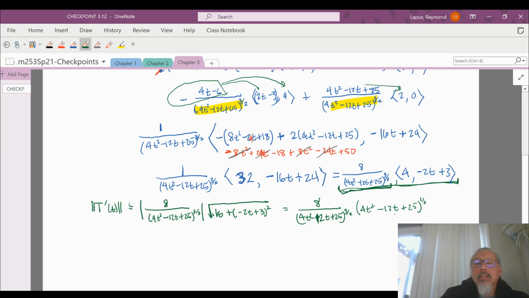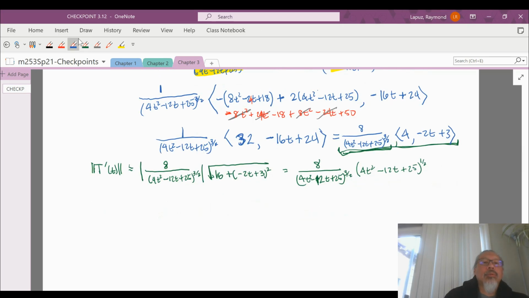And then, instead of canceling this out, I'm just going to leave it like this, because what we're going to do is write your normal vector as equal to the derivative of T divided by the magnitude of the derivative of T. If these two were in a fraction together, I can see that these would cancel, and then I would have the vector divided by this expression. And that looks very similar, doesn't it?